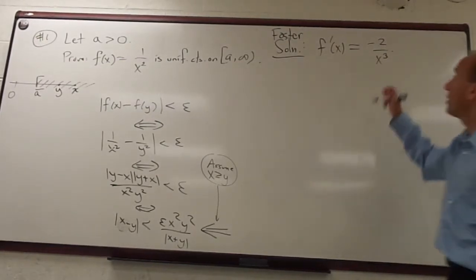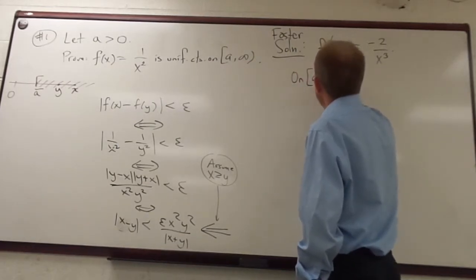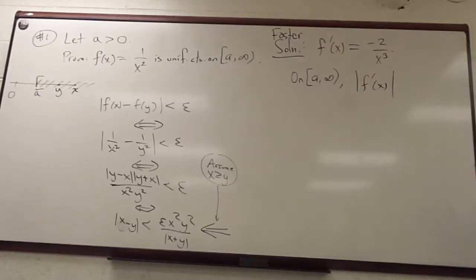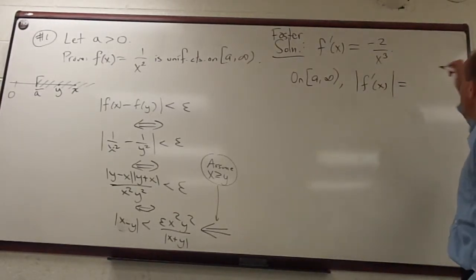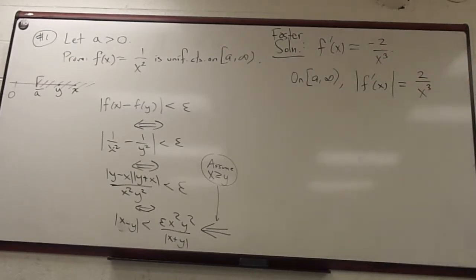Okay, so that's the formula for the derivative. So then on the interval from a to infinity, we can look at the absolute value of the derivative. This is what you want to do, right? And of course, this is just going to be 2 over x cubed because x is positive, and we can just drop the minus sign because it's got an absolute value on it. So is this bounded?